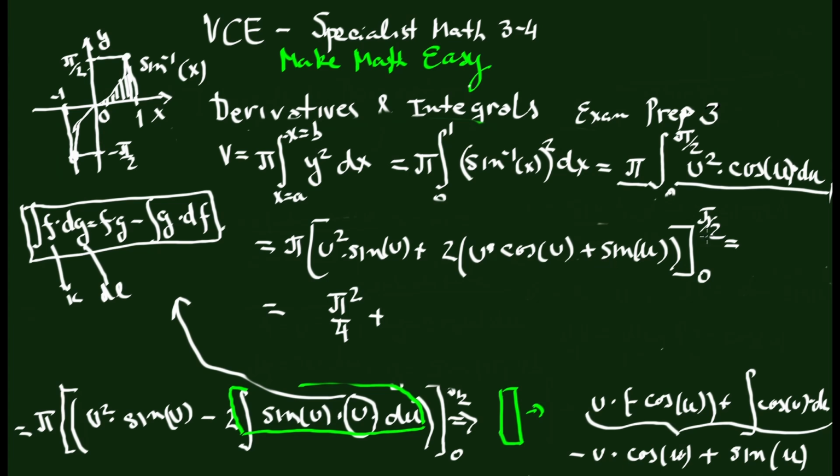The sine of pi half is 1. So 0. It's 1. 2 times 1 is 2.